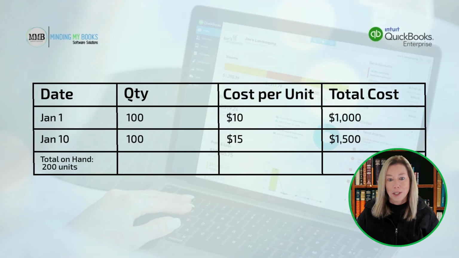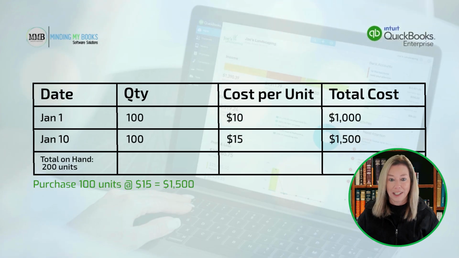Let's look at an example. On January 1st, you purchase 100 units at $10 each, which totals $1,000. Then, on January 10th, you purchase another 100 units at $15 each, which totals $1,500.